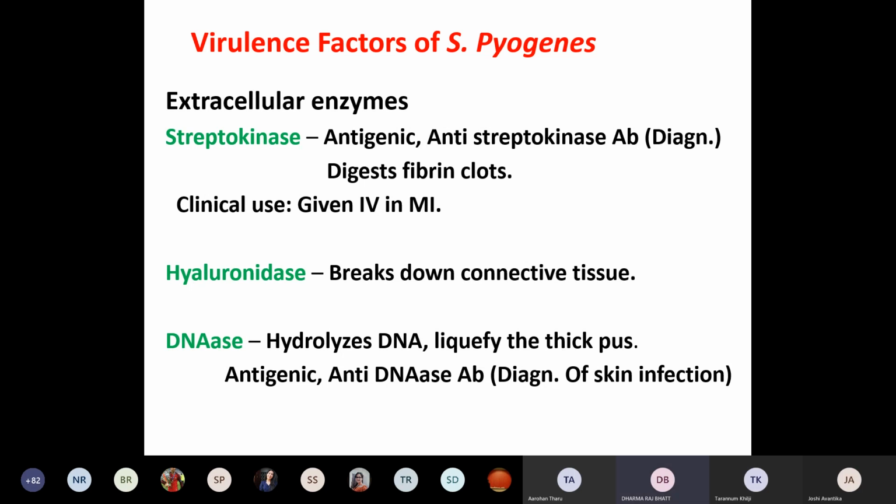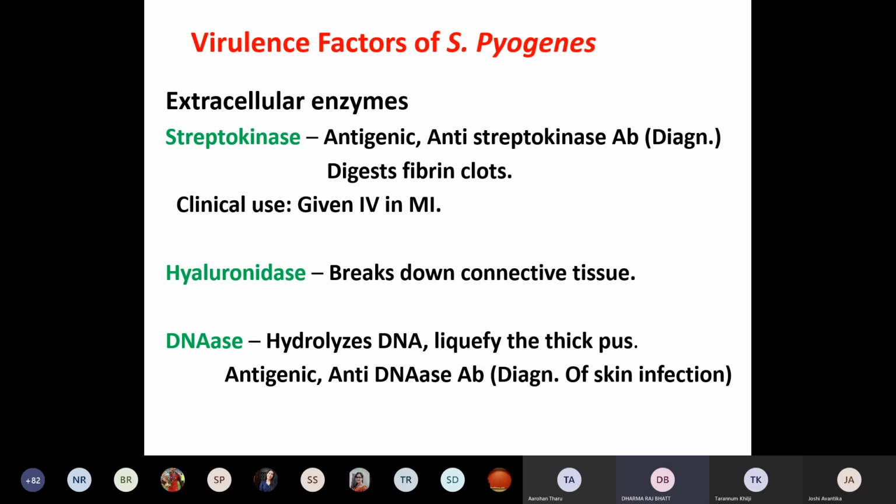It is antigenic, and our immune system produces anti-streptokinase antibody. So this anti-streptokinase antibody will be again important like ASO for diagnosis of streptococcal infection. And it has got a therapeutic use also. Since it digests fibrin clots, it can be used clinically in cases of myocardial infarction to dissolve the small clots.